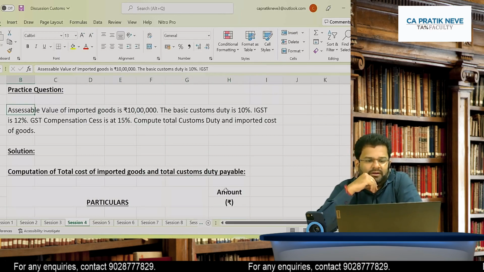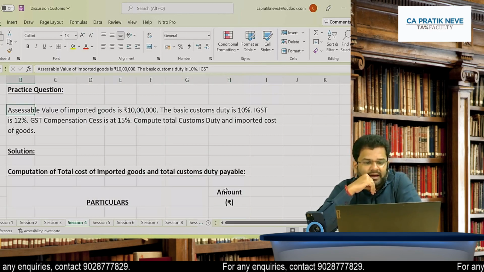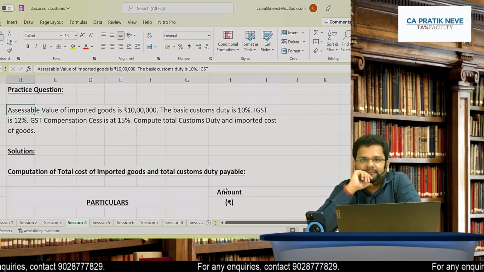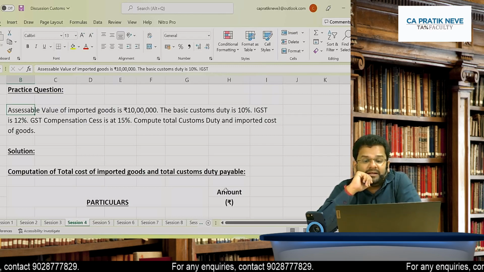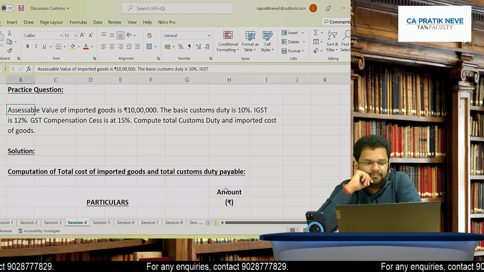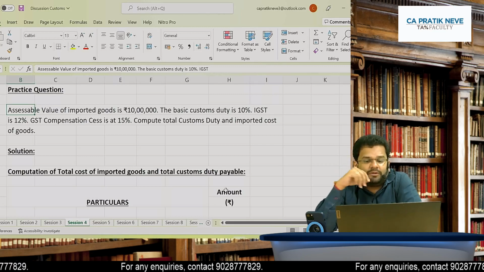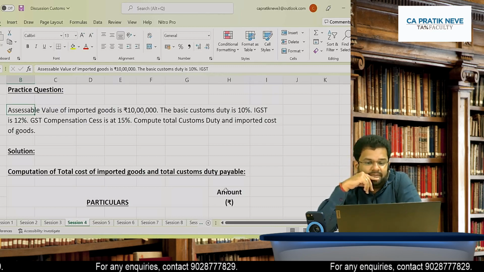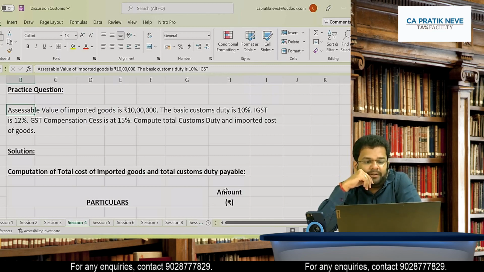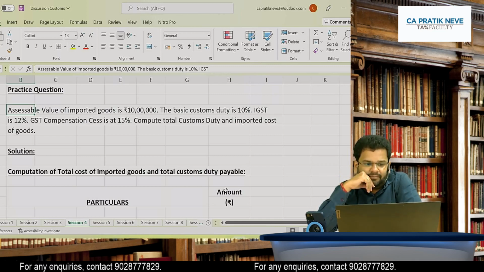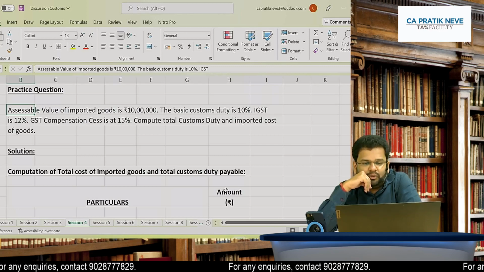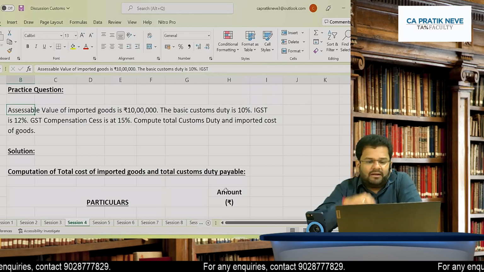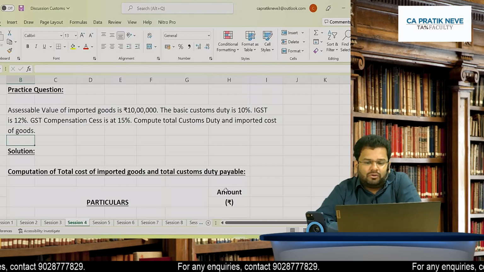What is given, Darshan? Assessable value is given. Basic custom duty is 10%. IGST is 12%. Compensation cess is 15%. You have to compute total customs duty and cost of imported goods.